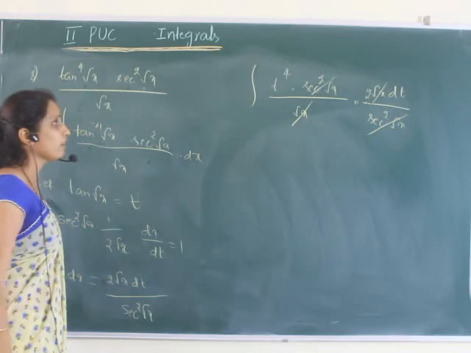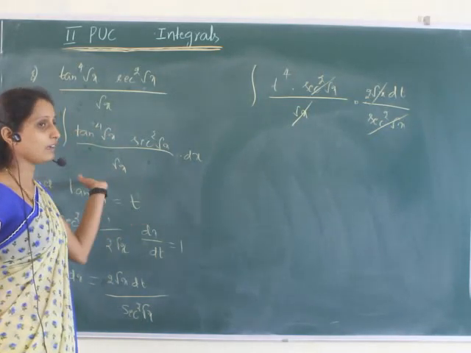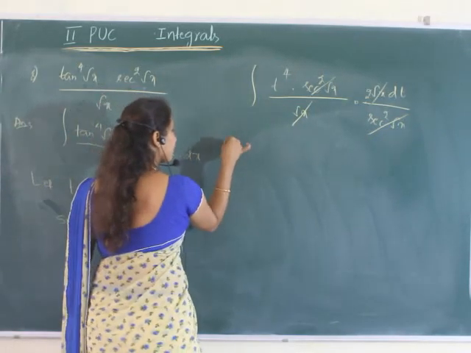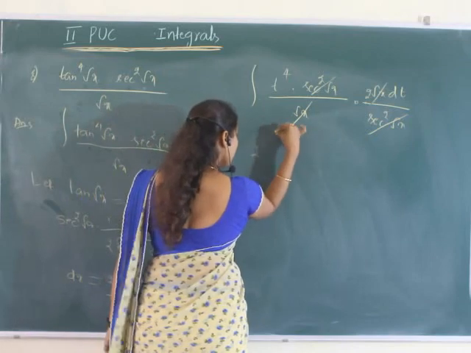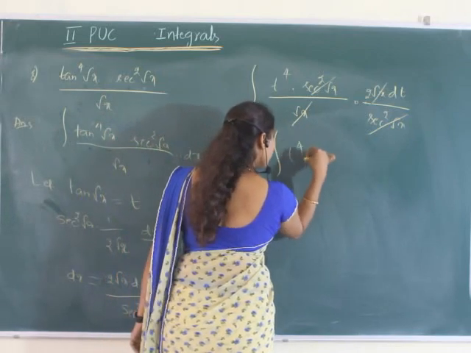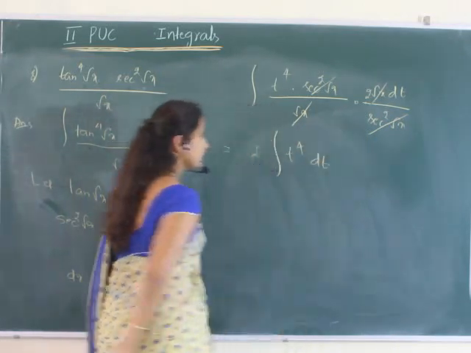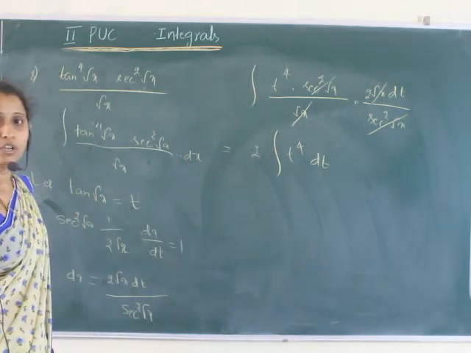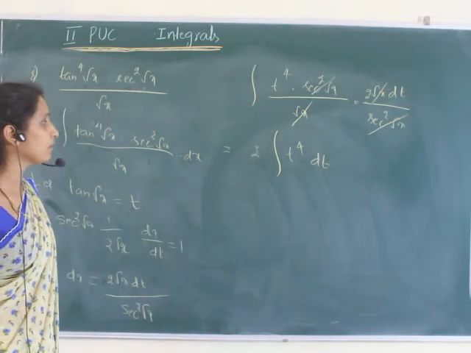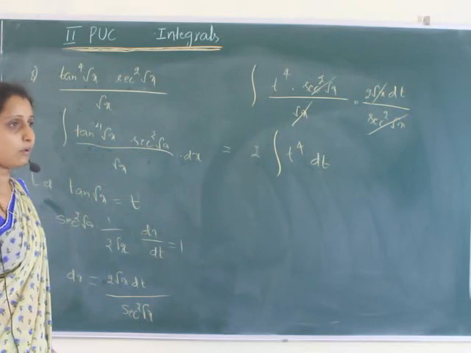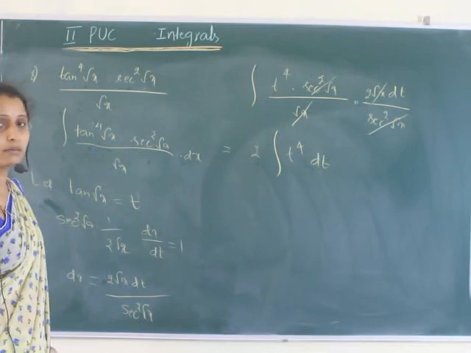So what is the remaining one? 2 is a constant, I'll take it outside: 2 into the integral of t to the power 4 dt. The integral of t to the power n is t to the power n plus 1 divided by n plus 1.